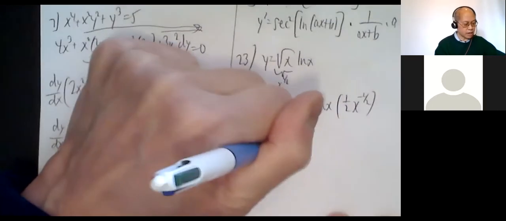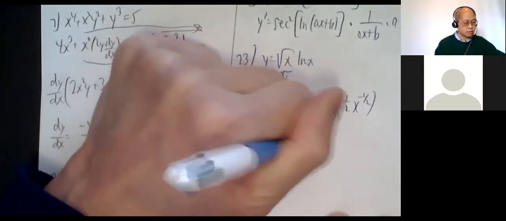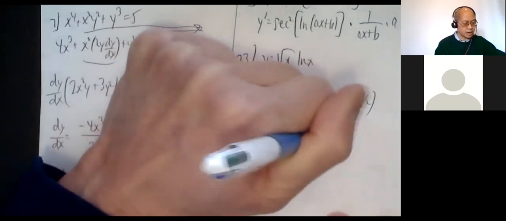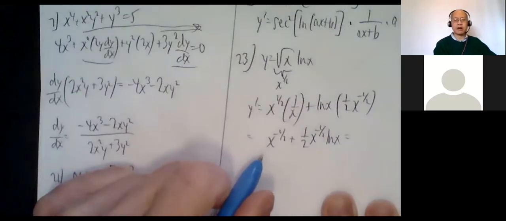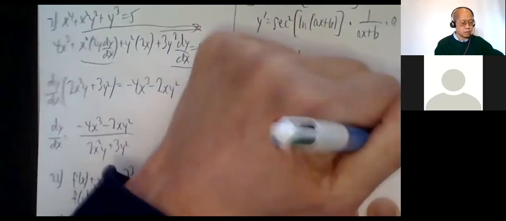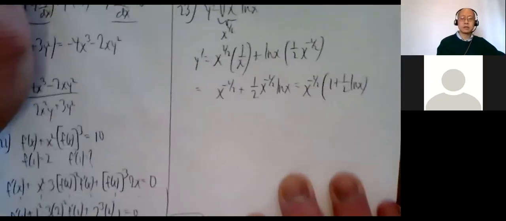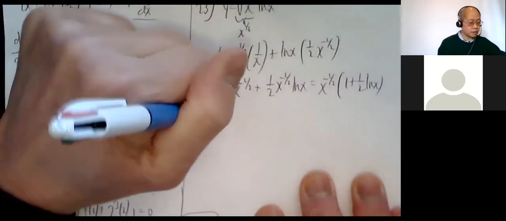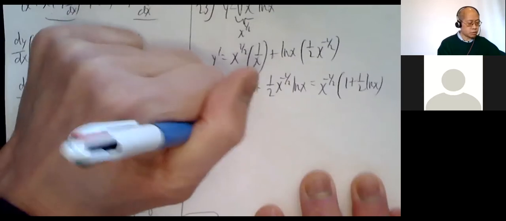That's x to the negative 1/2 plus 1/2 x to the negative 1/2 ln x, which I think is easier if you factor out the x to the negative 1/2. 1 plus 1/2 ln x, and then put that into the denominator.